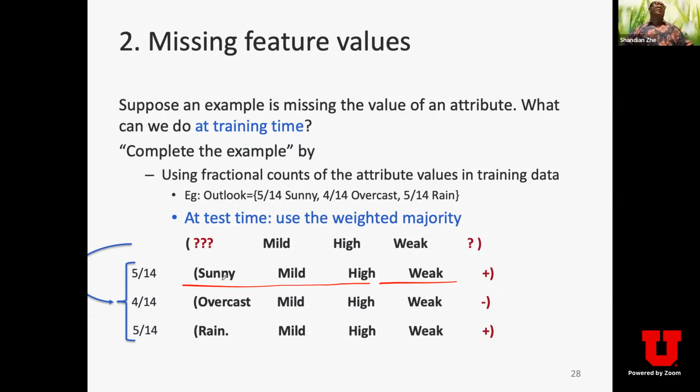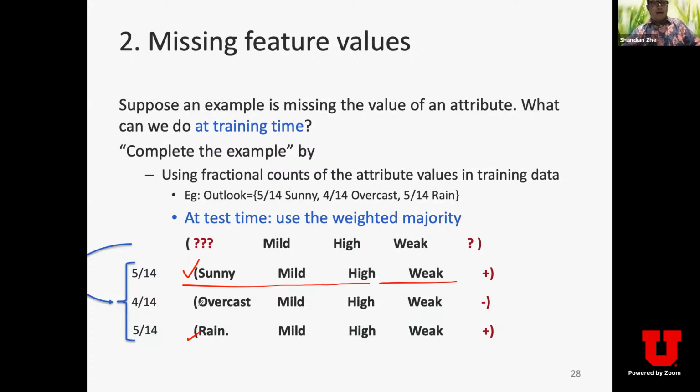I pick up the one who has the larger count. For example, here, in both cases, if I impute outlook to be sunny and impute outlook as raining, I got positive prediction.